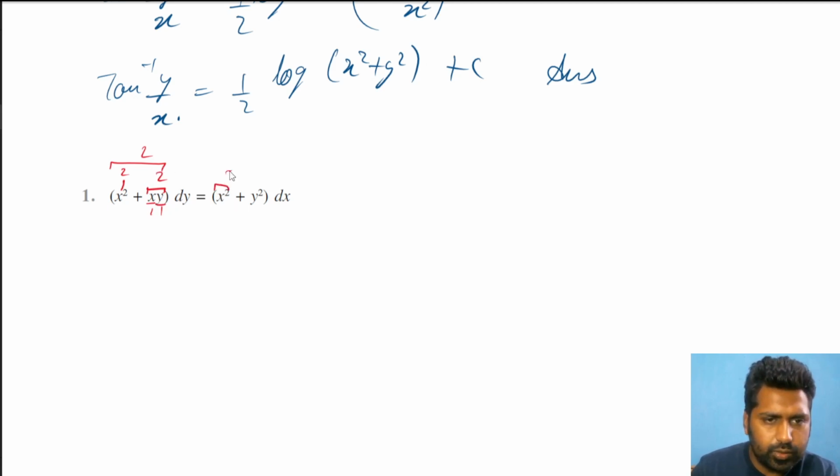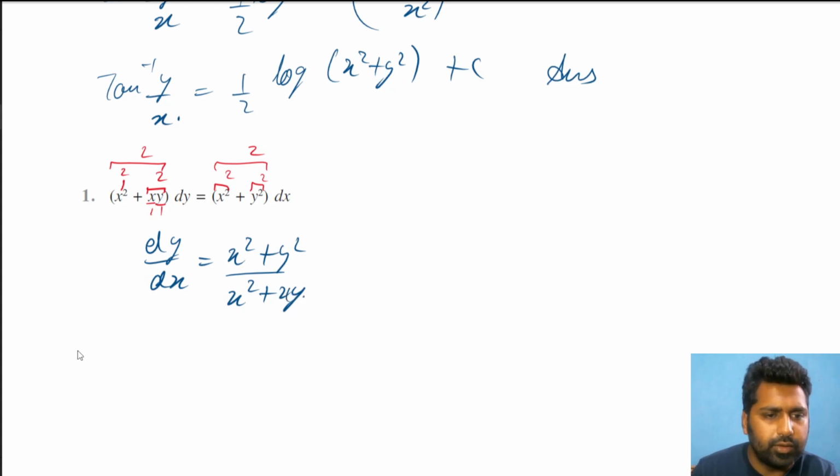What is the degree here? 2. This also has 2. So overall degree is, both have same, so 2. So both dx and dy terms have same degrees. We can say it's homogeneous. So I'm not checking this time. I know this is homogeneous. So dy by dx is equal to x square plus y square upon x square plus xy. And I'm going with the substitution.